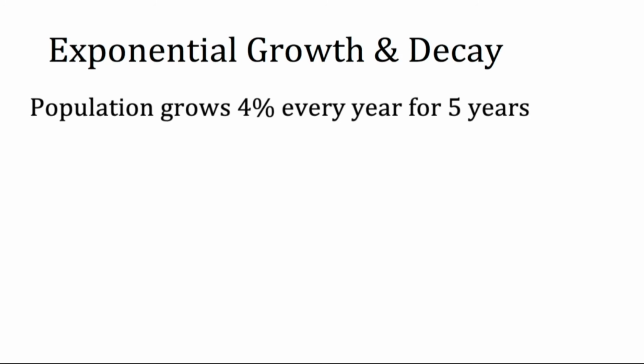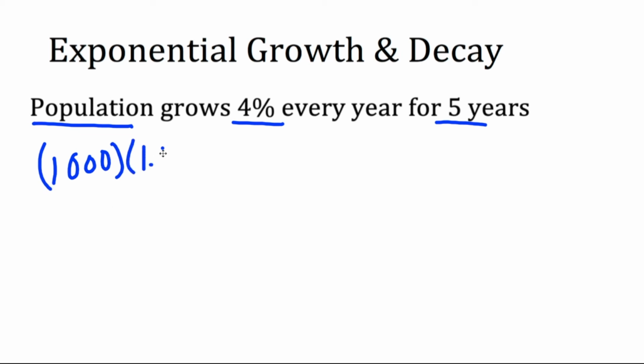Exponential growth and decay. This is an Algebra 2 problem, and it asks if the population grows 4% every year for 5 years. What happens? Well, let's put the population at 1,000, and let's increase it by 4%, which means multiply by 1.04. Well, that's 1 year. Multiplied by 2 years, I multiply the increase by the increase.